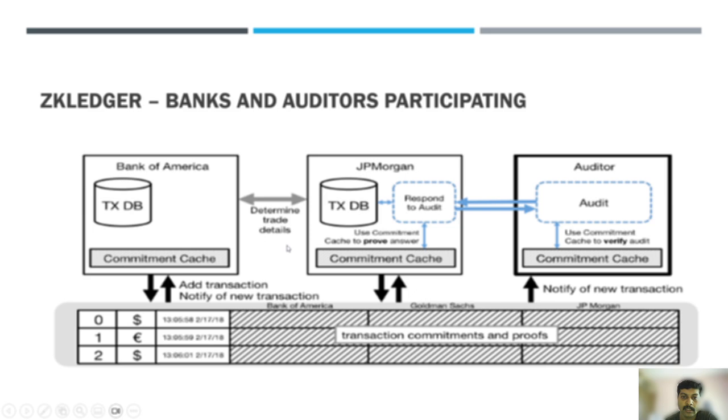Then whether the assets are there or not in a particular bank, how can that be verified? For that the ZK Ledger uses commitments, and the commitments, as you know, the Pedersen commitments, when we use them, are encrypted.